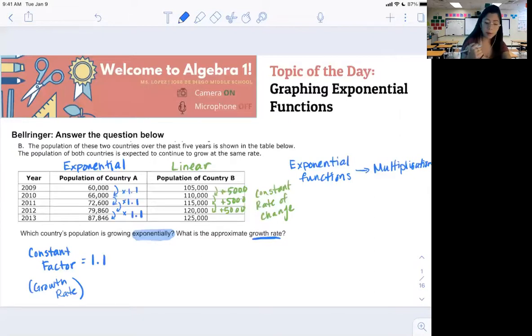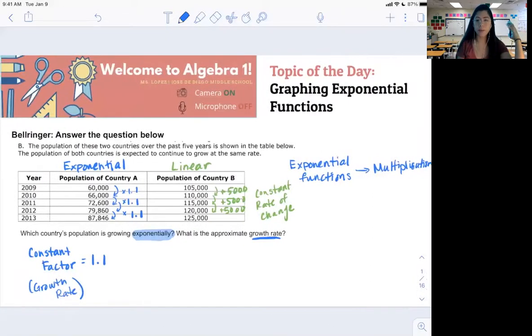But today what we're actually going to be doing is graphing these types of functions. Yesterday, we spent a lot of time understanding what they are, how they work, what they kind of look like. Well, today we're actually going to be graphing them. What I want you to do all throughout today, because it's a little bit hard to graph things in your notebook, is that you sketch the graph.